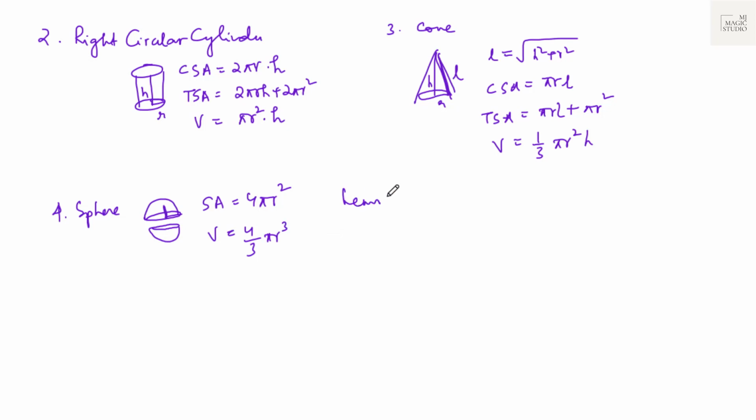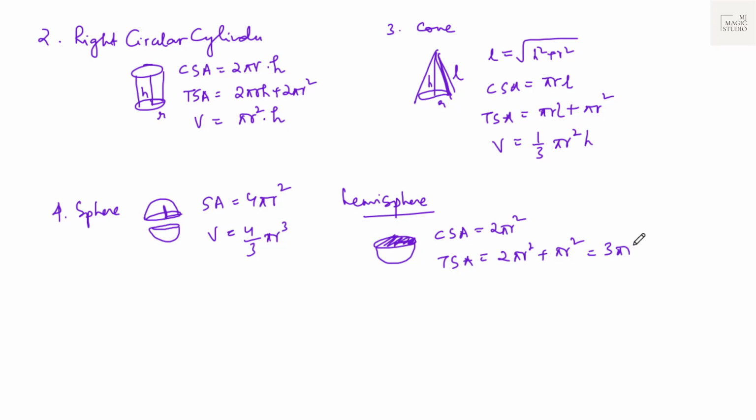But in case of hemisphere, just remember, curved surface area would be 2 pi r square. Total surface area would be curved surface area 2 pi r square plus this area on the top, that is pi r square. So that becomes 3 pi r square, that's why, and volume would be 2/3 of pi r cube.